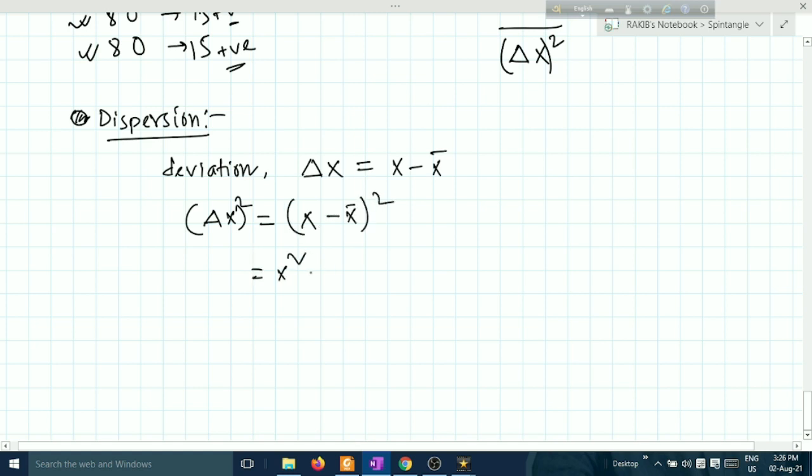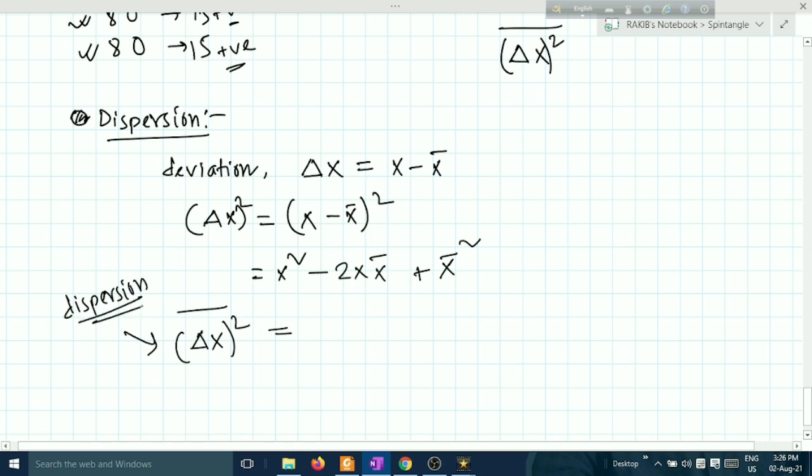This means x squared minus 2x x bar plus x bar squared, the normal (a minus b) whole squared formula. We have squared the deviation and then take the average.